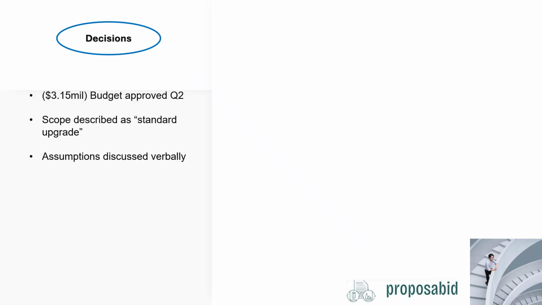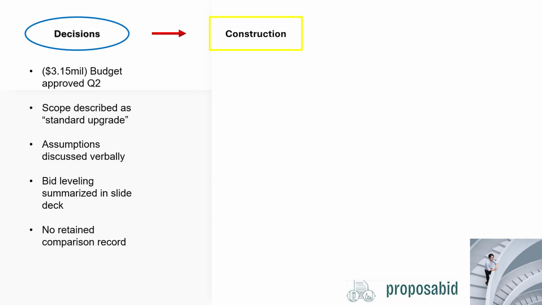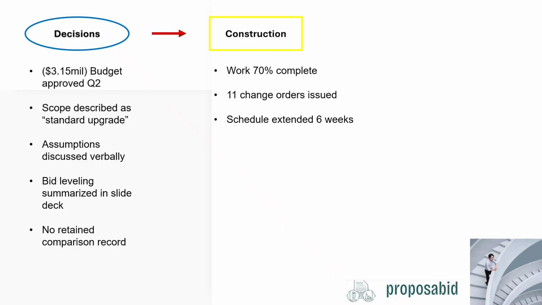And the approval materials included a high-level scope description and a summarized bid presentation. Construction is now 70% complete. Costs are trending 14% above the original budget.